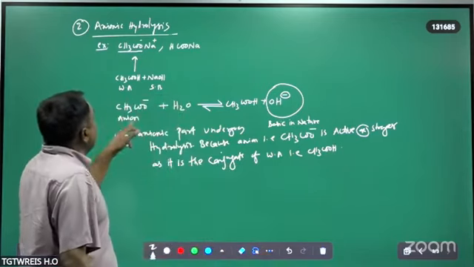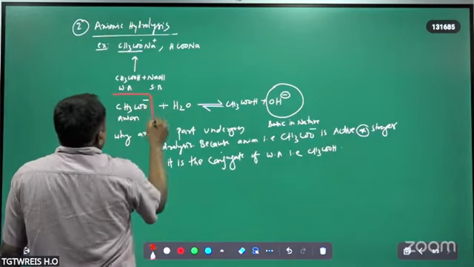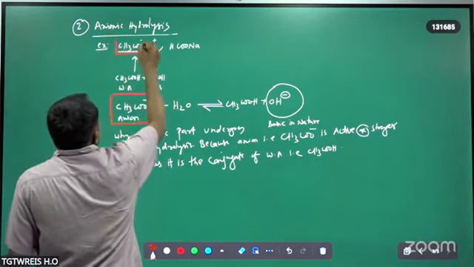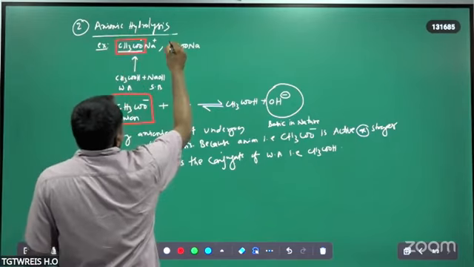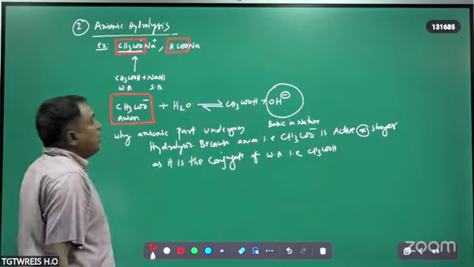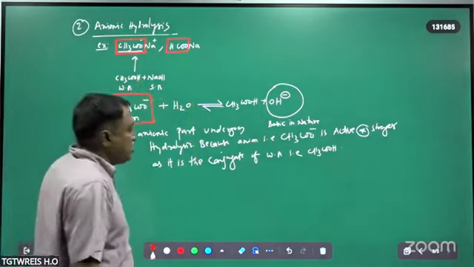That's why only this anionic part is undergoing hydrolysis. So in this, CH3COO minus is undergoing hydrolysis. In this, HCOO minus, the anionic part, is undergoing hydrolysis. So this is nothing but anionic hydrolysis.